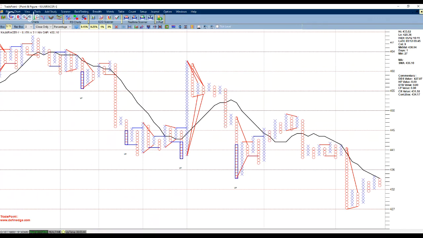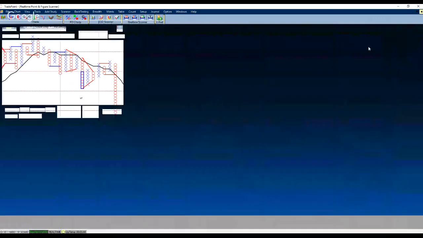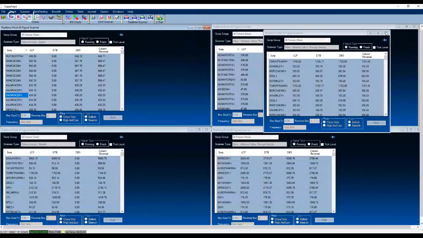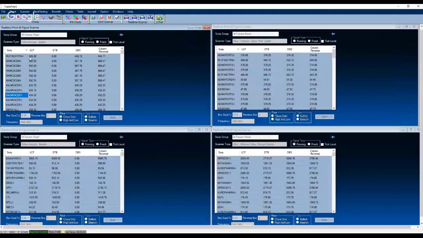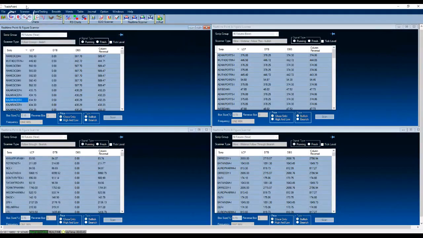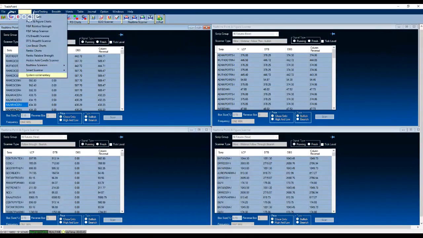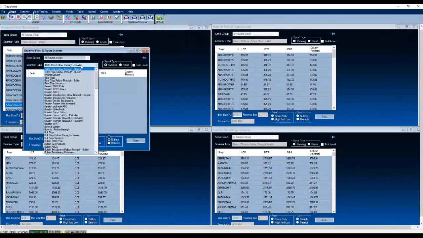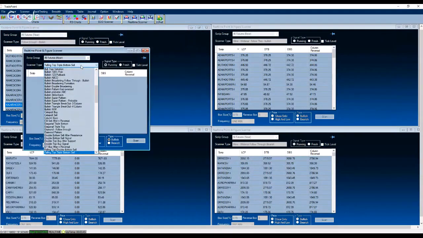One good thing that we have with TradePoint is that it has the ability to run live scanners. So there are predefined scanners that are available. If you go to scanner, right, and go to real-time scanners, choose point and figure, and here you have these two candidates, right?